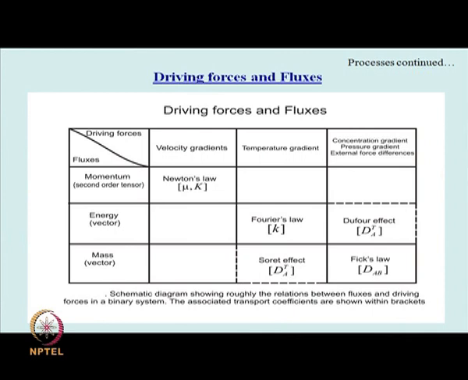So, when we think about mass transfer, we should not only look at the concentration gradient and thereby use Fick's law, that is, use the normal diffusion coefficient denoted by DAB, but we also have to see what the temperature gradient is between the two points where such mass transfer is taking place.